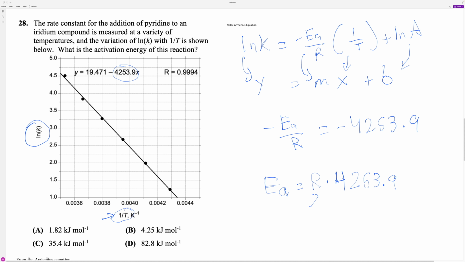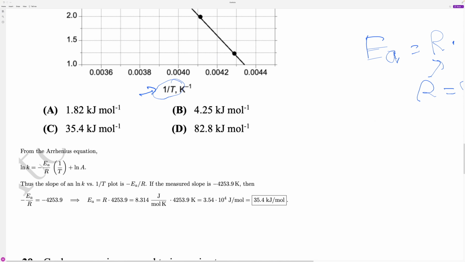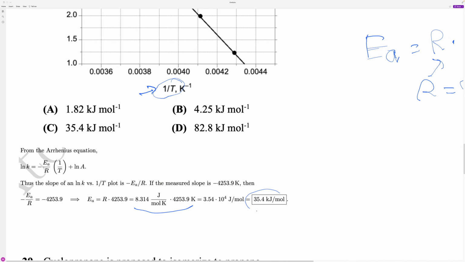And plugging in r equals 8.314. We've done the computation here. That's going to get us this value, and that's going to be our answer.